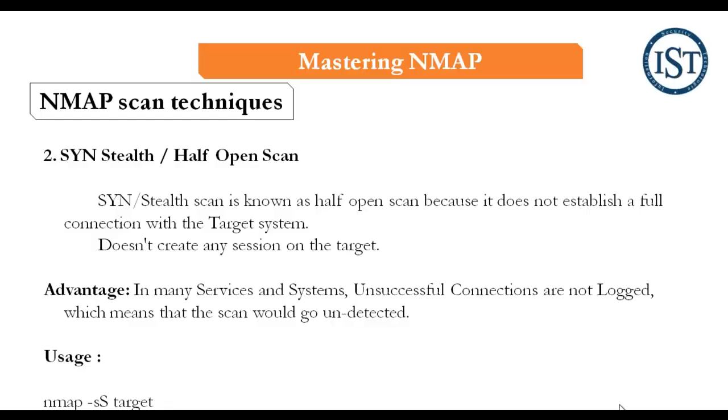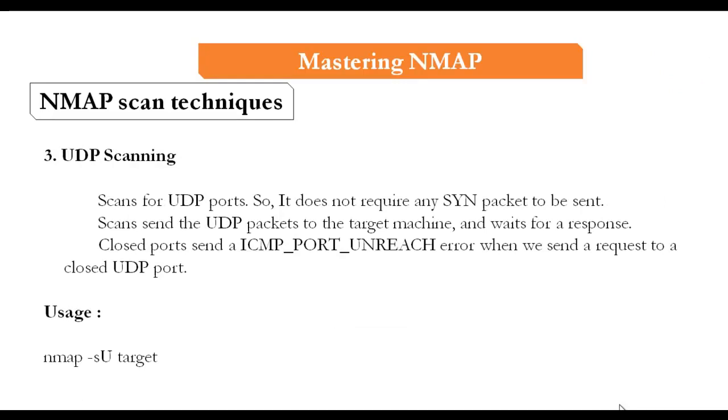The next one is UDP scanning. As we discussed, the TCP connect scan can be used only for TCP ports. If you want to scan for UDP ports, you can use UDP scanning. It doesn't require any SYN packet to be sent, since we are not scanning any TCP ports.